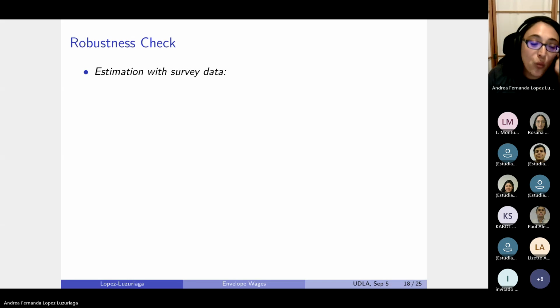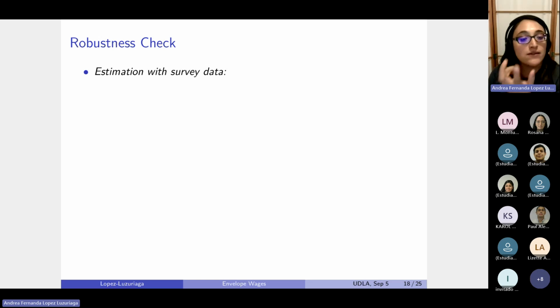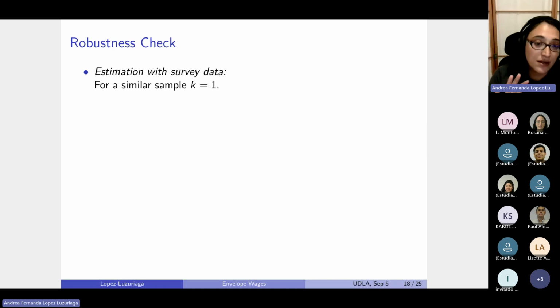So we can say there may be something else different between the public and private sector employees. So we do several things to try to alleviate this concern, because basically our identification assumption is that the only thing different between public sector and private sector employees is this opportunity to hide taxes, to hide income to avoid taxes. So the first thing we do is we repeat the whole estimation with survey data.